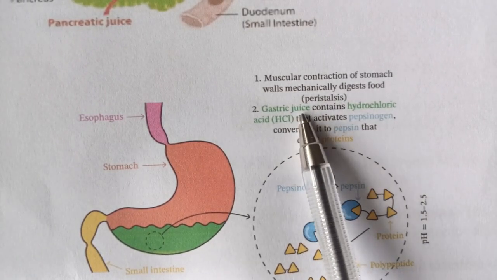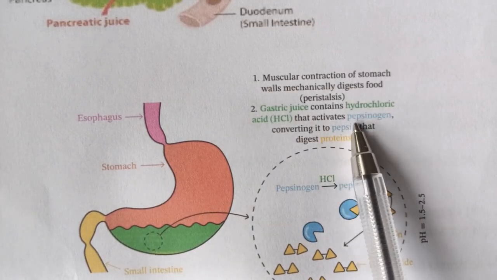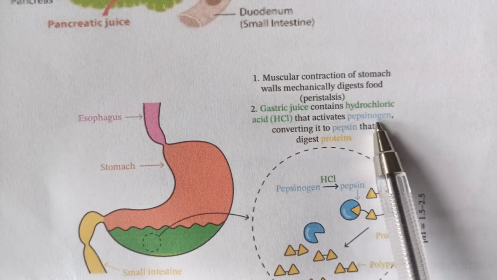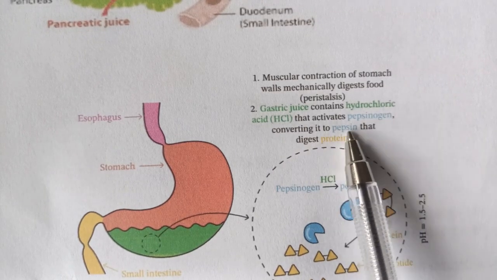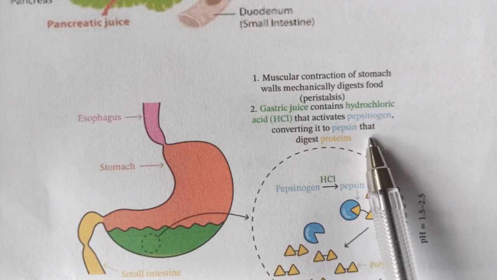Gastric juice comes from gastric glands that are there in the wall of the stomach. It contains hydrochloric acid that activates pepsinogen, that converts pepsinogen into pepsin, and pepsin is important for digestion of protein.